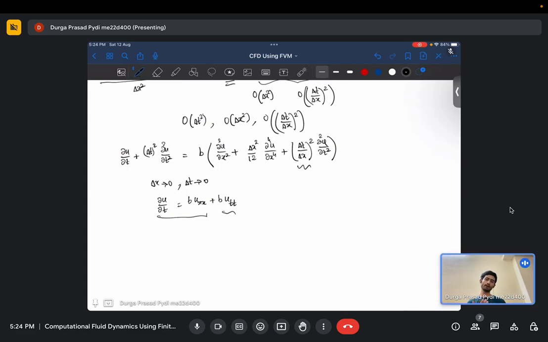The difference scheme you have chosen should represent your original equation. Only then, if you refine, will it match with the analytical solution. So accuracy, consistency, and convergence are three different terms. And then comes the stability.